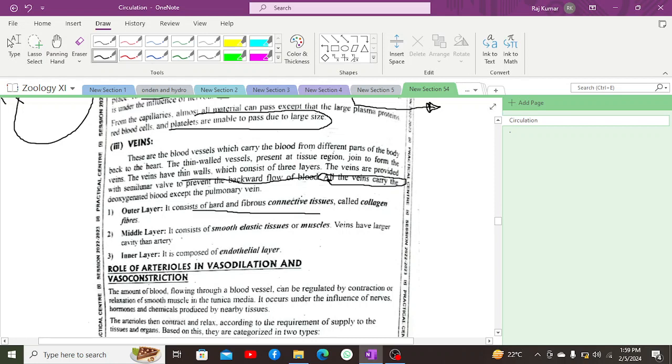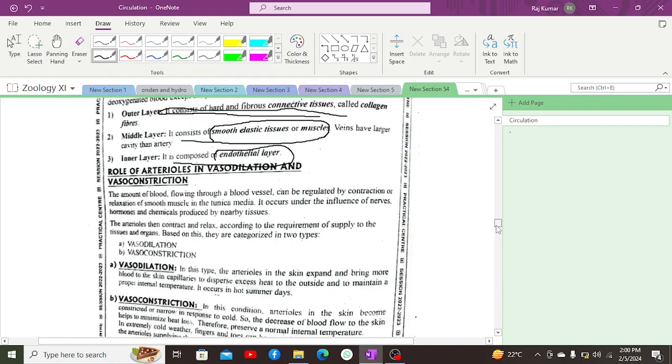Again, it is similar, but the difference comes in the middle layer, the tunica media, which is thinner in veins, while arteries have a thicker tunica media. Likewise, the inner layer is made up of the endothelial layer, and the outer layer is a bit thicker.